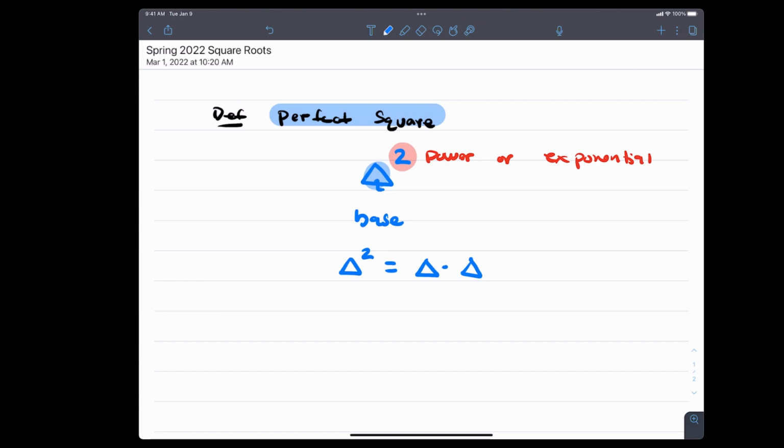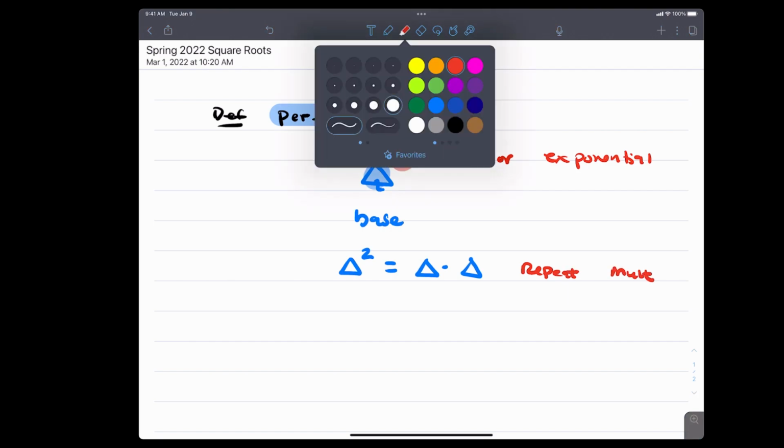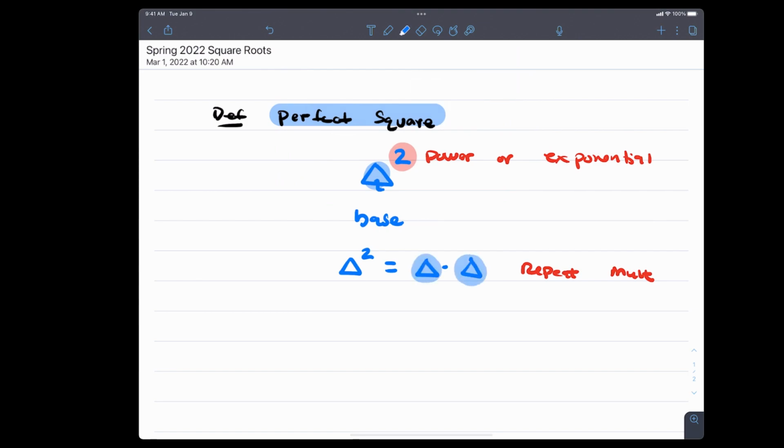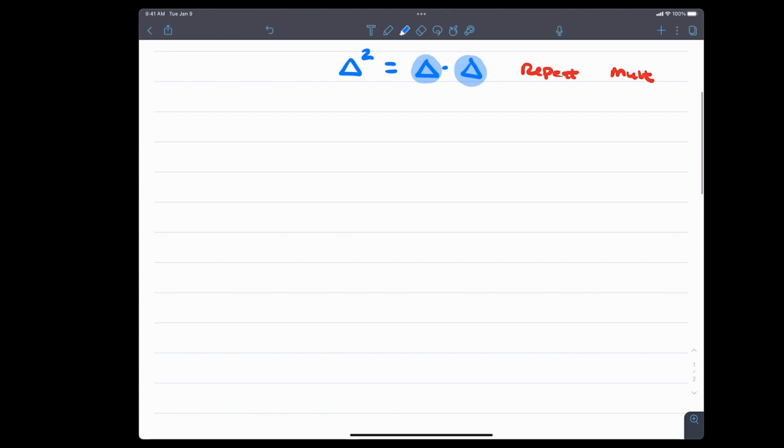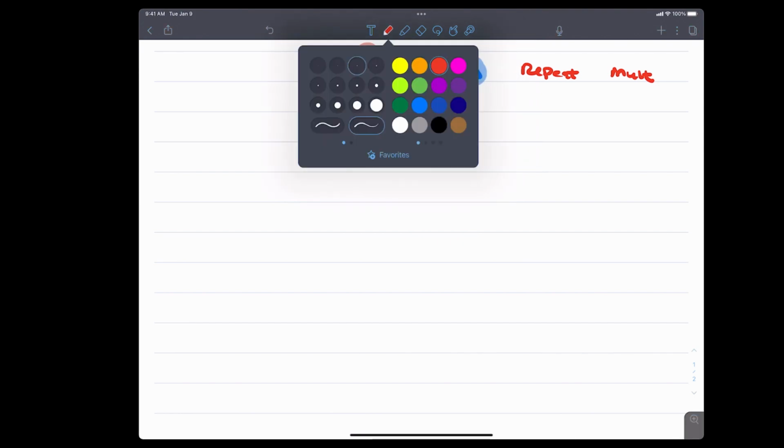We call that repeated multiplication. You guys see what I'm saying? So you have this base here that's multiplied, and this tells you how many times to do it, and that's what you get here.